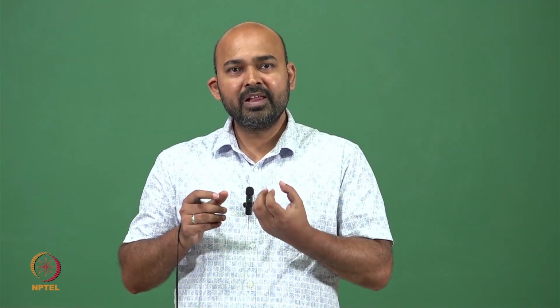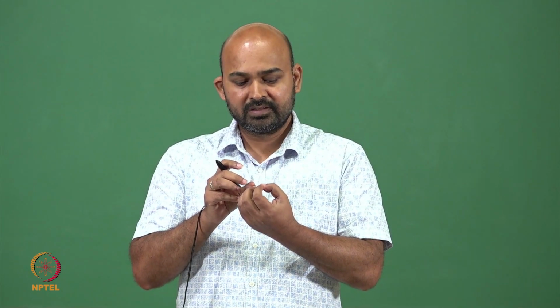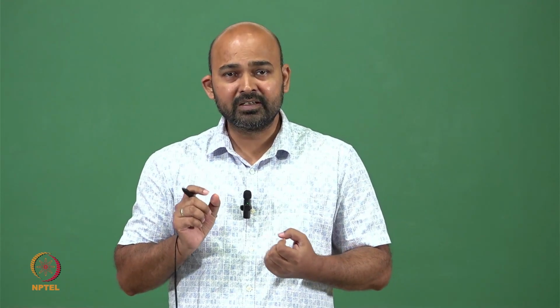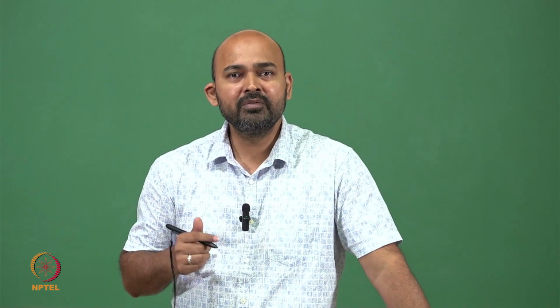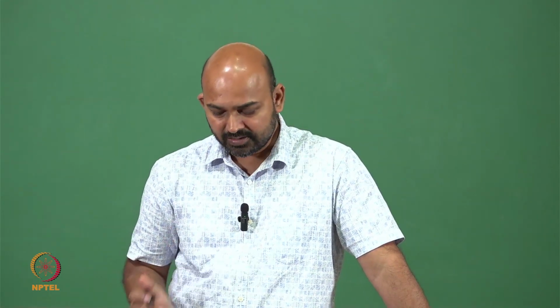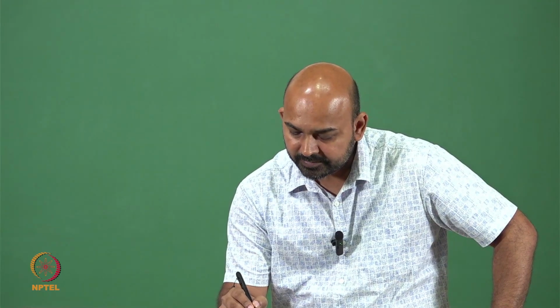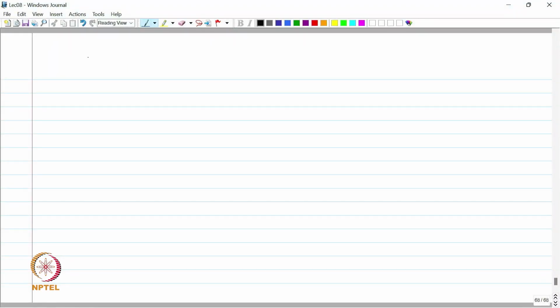This wavelength corresponds to how much spacing we have in between this grating. So now using this property, we want to make a sensor. So we are making here a Bragg grating based sensor.